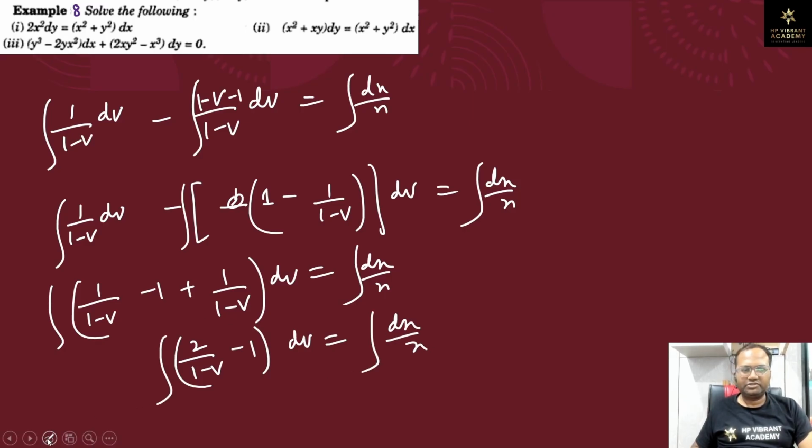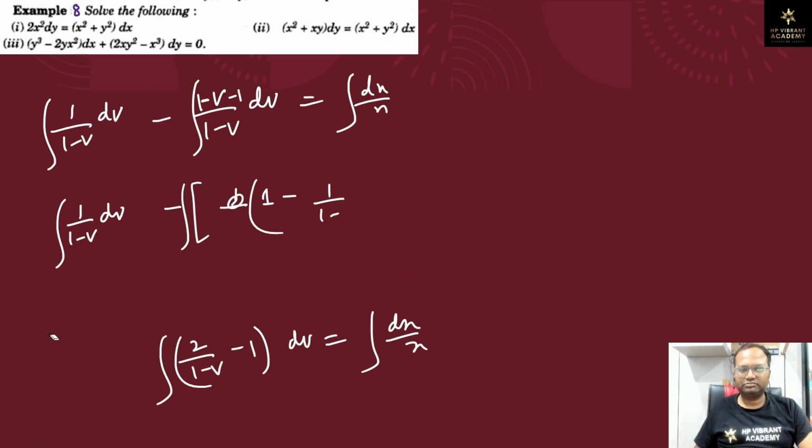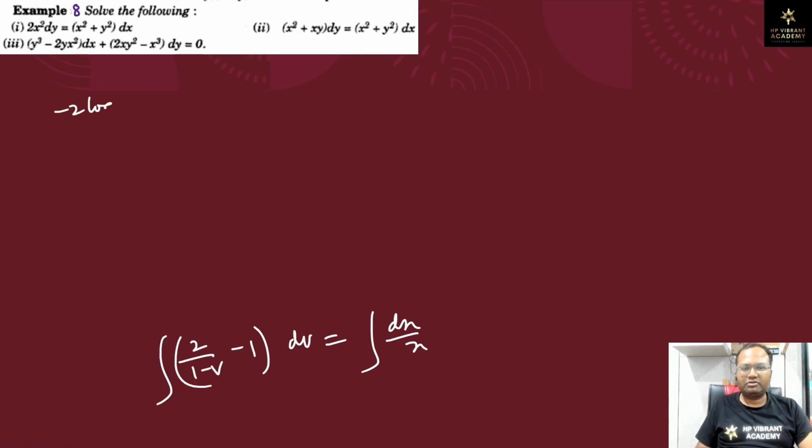So this is nothing but minus 2 log of 1 minus v minus v is equal to log of x plus c. Okay, so this will become minus 2 log 1 minus v minus v is equal to log x plus c.